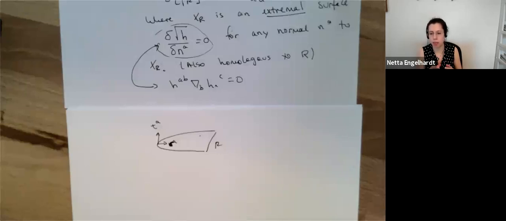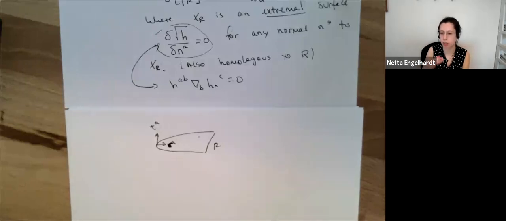So you have to demand that if you vary it a little bit in any direction, then it's a local extremum. So the first order variations of this surface in any direction will vanish. We're not demanding that it be a local minimum. In fact, that's not going to happen, but for all directions we are demanding that it be a local extremum. It's a saddle point.